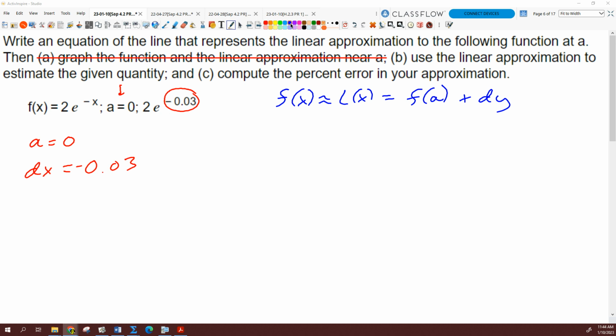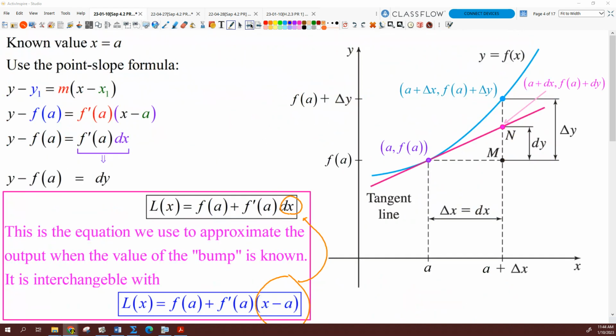If we tweak the input, think about the graph, if we bump this point from A horizontally by dx, we want to know how much did the function get offset vertically? How much did it change vertically, right? Everybody agree? So then, isn't this true? Isn't the linearization just equal to the initial y value plus dy?